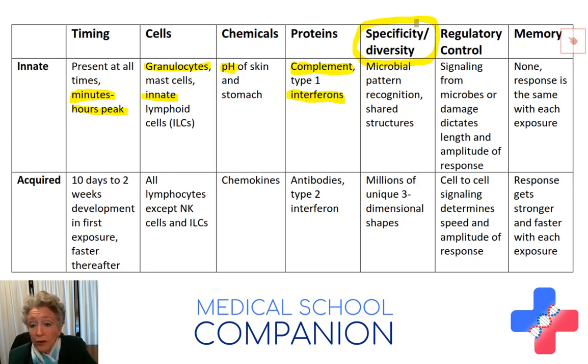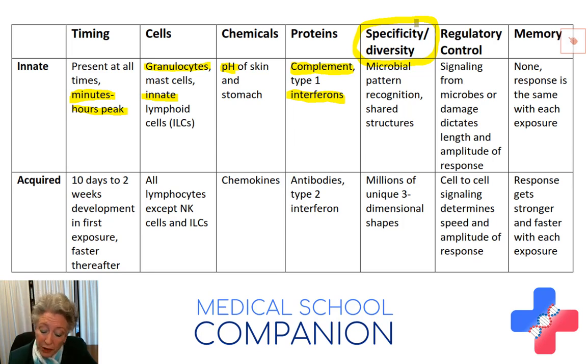So in all of the many eons of evolution, there have been highly conserved molecules that are found on creatures other than ourselves. And so we have learned in this early system to recognize those invasive molecules and use them as the signal which will cause us to turn on an immune response.